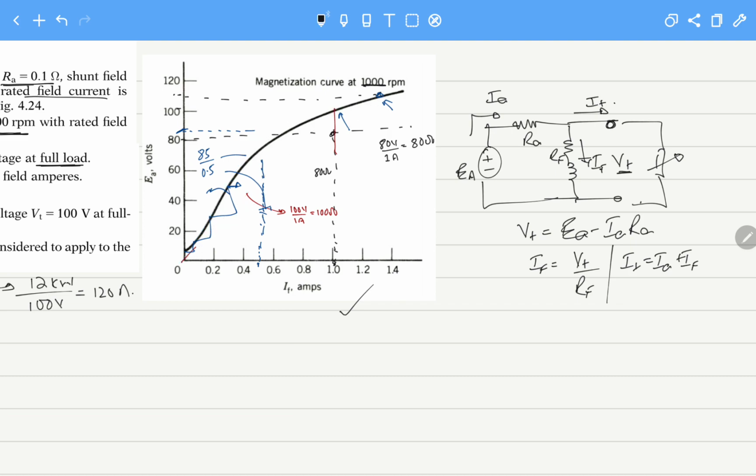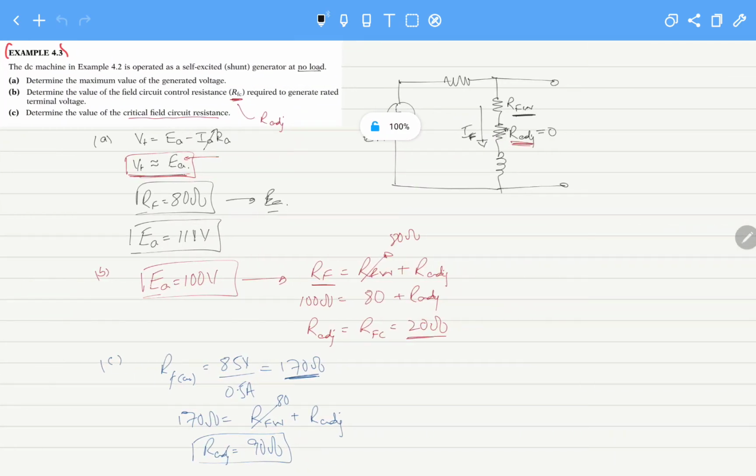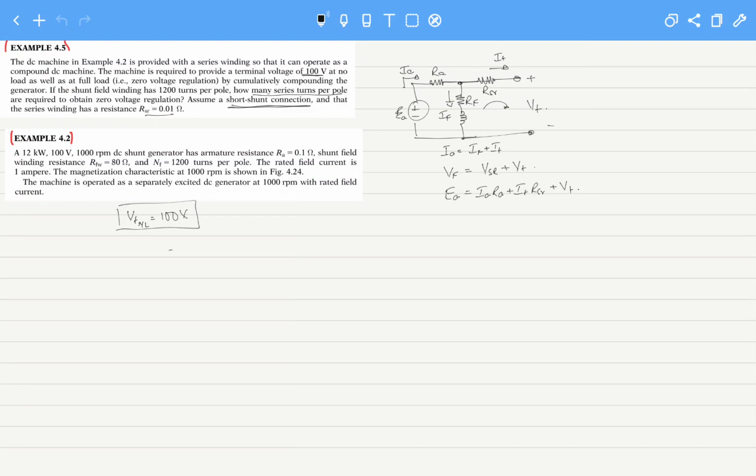Let's clean all the previous things. So for the 100 volts, we see that a slope of RF equal to 100 ohms will provide us 100 volts. This was said previously. So the RF of 100 ohms will provide us 100 volts for the field winding at no load conditions.